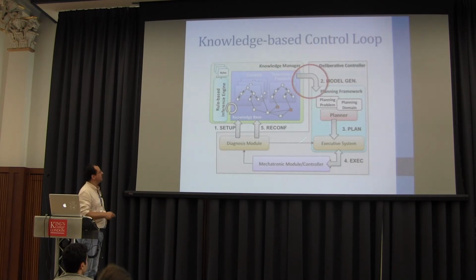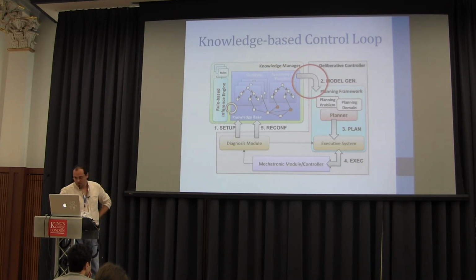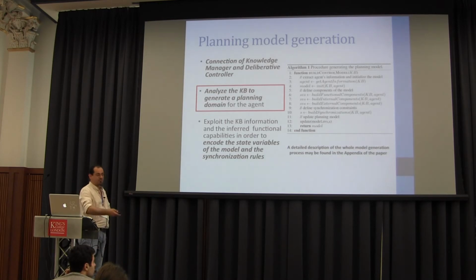Then, recalling the main picture, after the inference step the knowledge base represents the status of the agent, its components, and the functionalities that are actually deployable in the physical context in which the mechatronic module is operating. And then we can generate the most suitable blending model for the specific context.